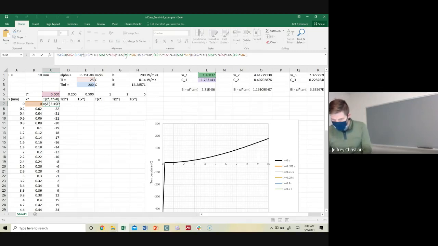I think that's right. But now we need to move to columns L, B, O. That one should be L. And then our last one is in column R. So that's going to be R.